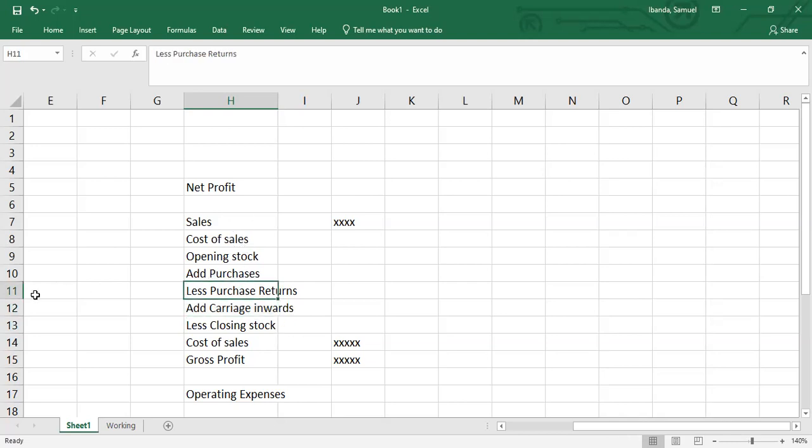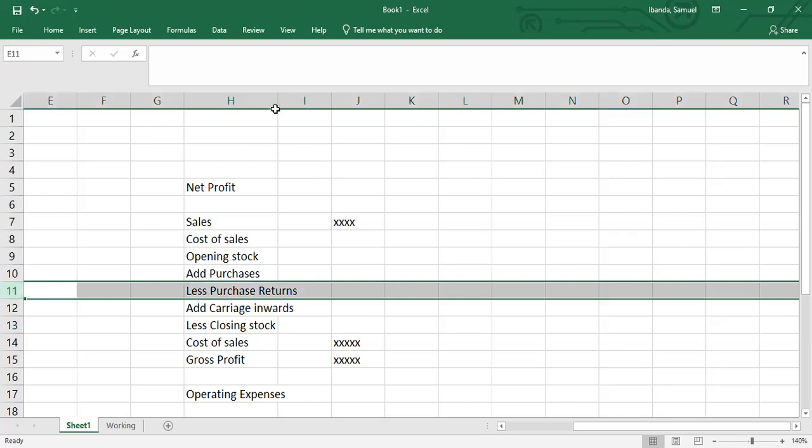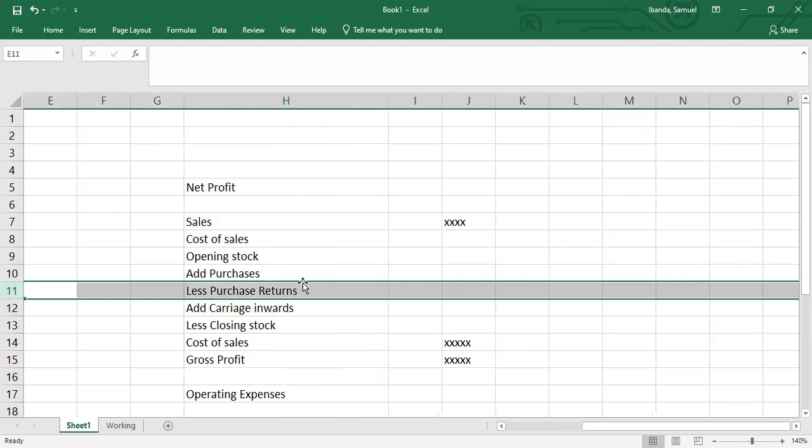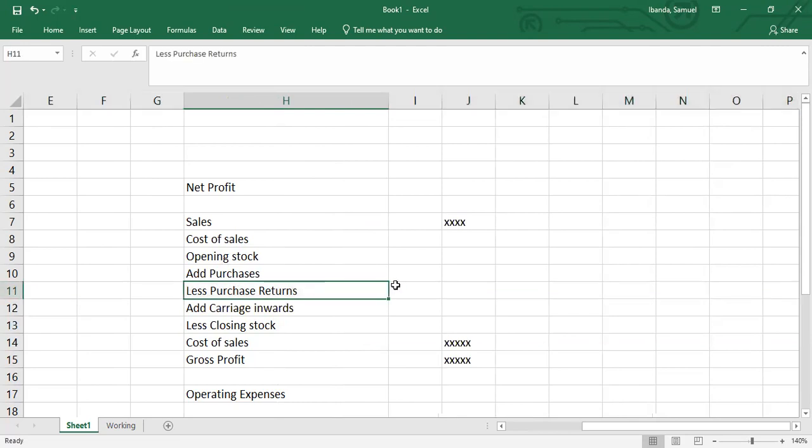Now, yours is to ask yourself, in lessing here, they list a lower value because they didn't take into consideration the purchase returns of 4.5. What would that mean to you? So let's just see something very small here: how purchase returns affect our cost of sales.